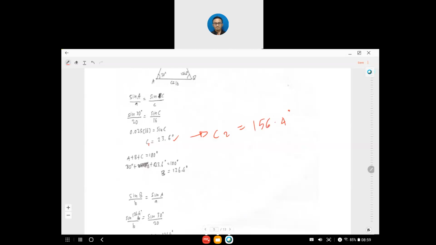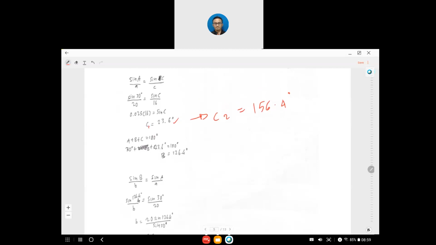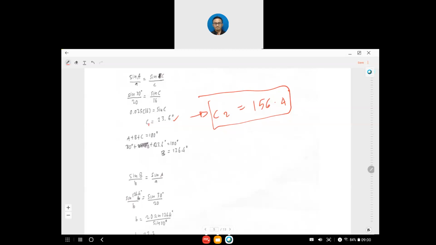And then in order to determine whether you have two triangles or not, we can check the summation of the triangle. Okay, because we know that the summation of a triangle is equal to 180. Okay. So if you look at C2, 156.4. Okay. What do you already have from before? A, right? Okay.